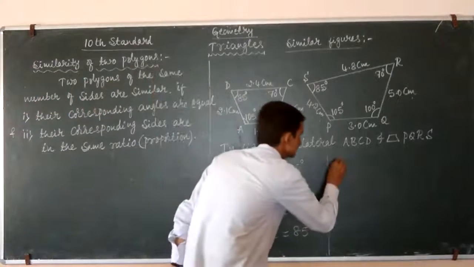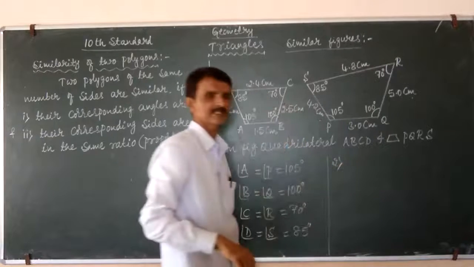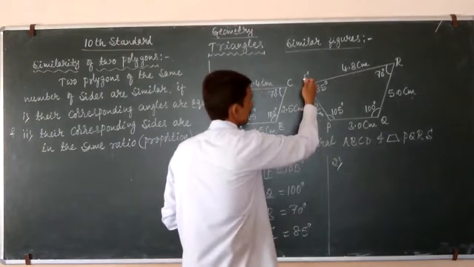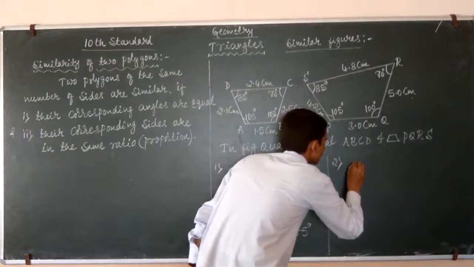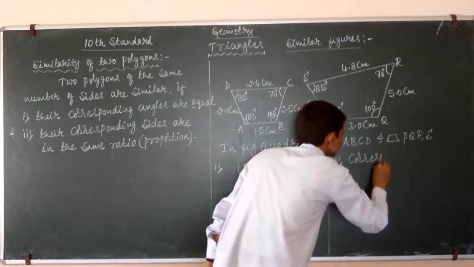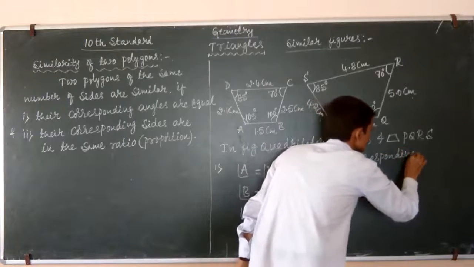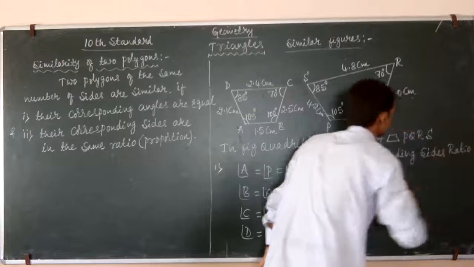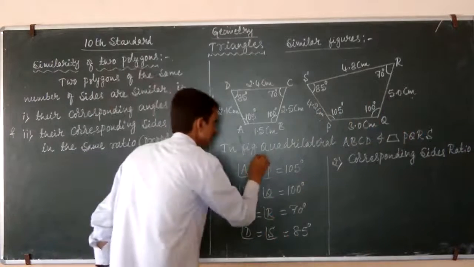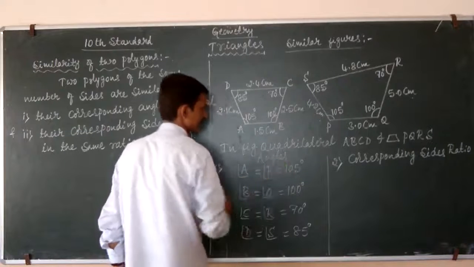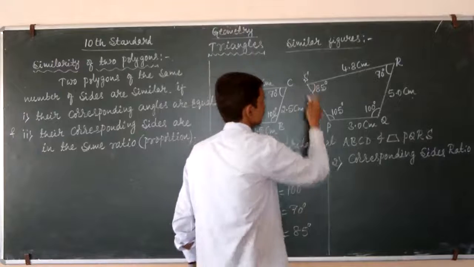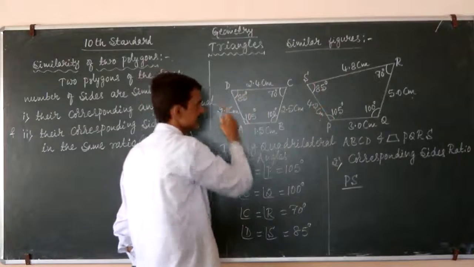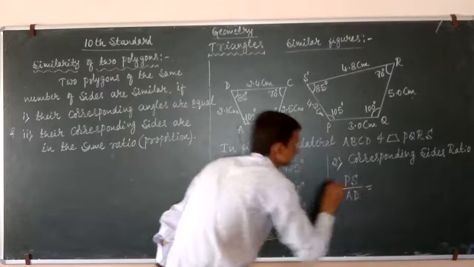So now we will take the ratios of the corresponding sides. PS by AD.